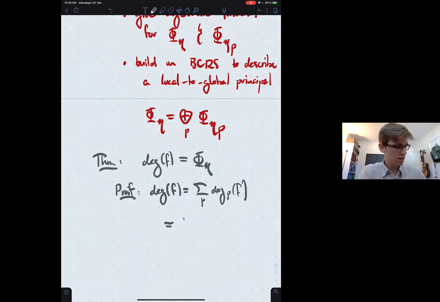And this is a sum of local Scheja-Storch forms by Bachmann-Wickelgren. And this is just the global Scheja-Storch form by the local to global principle that we talk about.